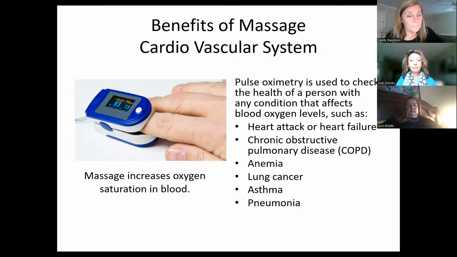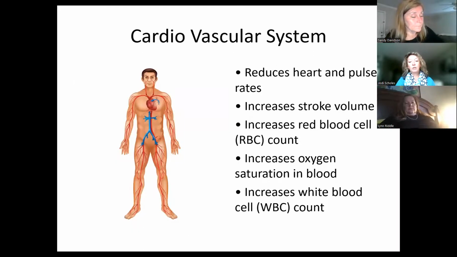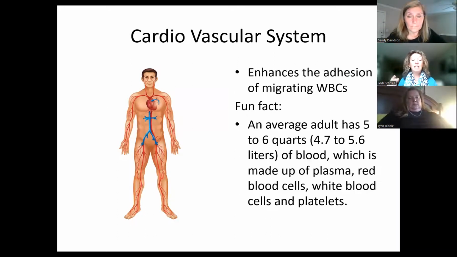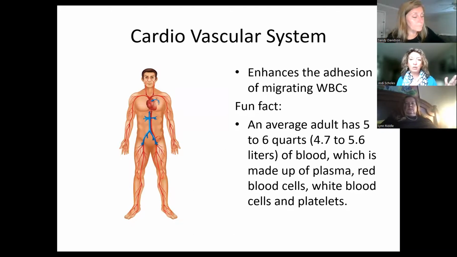All right, so it improves white blood cell count as well, and it enhances how well those white blood cells migrate, and that helps again with the immune system response. It helps with those white blood cells migrating to areas where they're fighting bacteria, infection, those types of things.